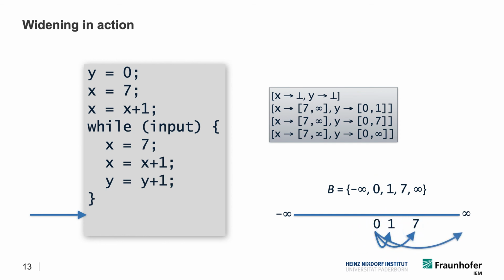And then immediately in the next step, we even jump to the widened interval from 0 to infinity. So that means only after 3 iterations, we have reached this value here, which then actually happens to be our fixed point, right? So after this, if you apply the flow function again, and the widening again also, you will obtain immediately the same result. So that means after 4 iterations in total, the analysis has finished. But as you see here, it is giving you a more coarse-grained result than what we saw earlier.